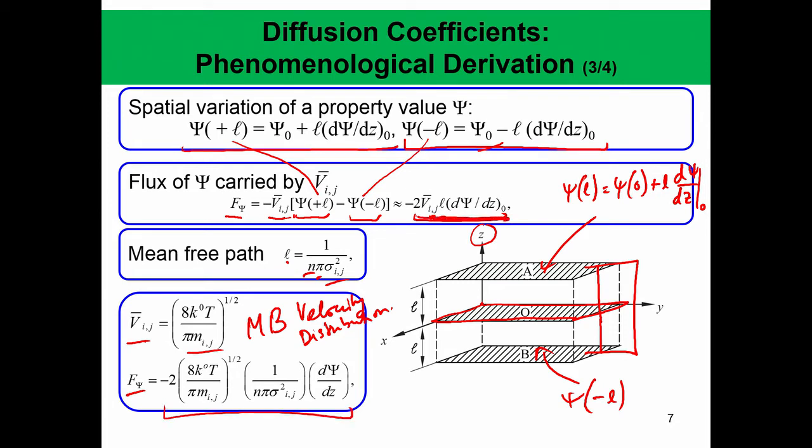That is, f xi is nothing but minus 2 times 8 k0 T divided by pi mij to the power of half times 1 by n pi sigma ij square times d xi dz. And this derivative d xi dz, as you see, comes essentially from the Taylor series expansion from here and here.